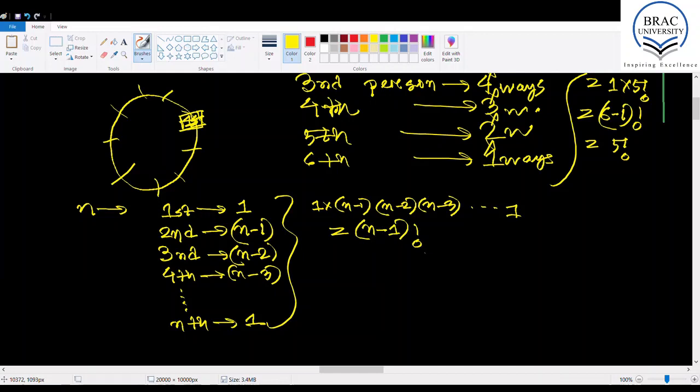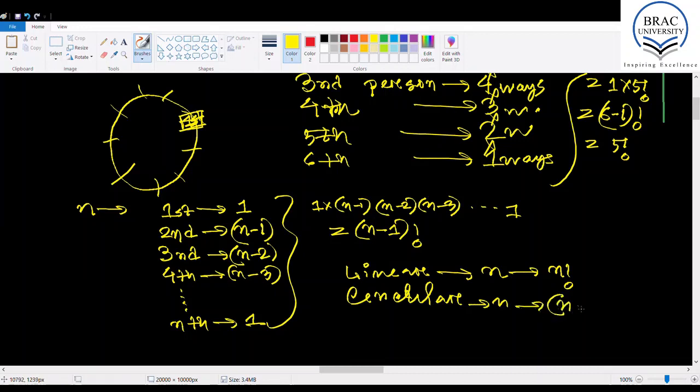So this is how circular permutation is actually different from linear permutation. For linear permutation, if we have n different elements, we can arrange them in n factorial ways. And for circular permutation, if we have n elements, they will be arranged in n minus 1 factorial ways.